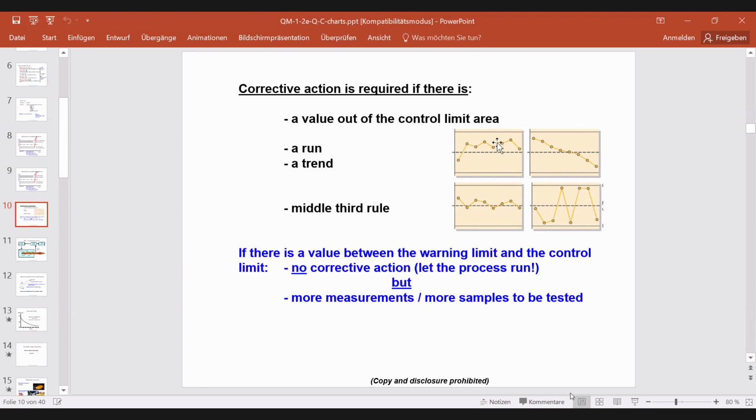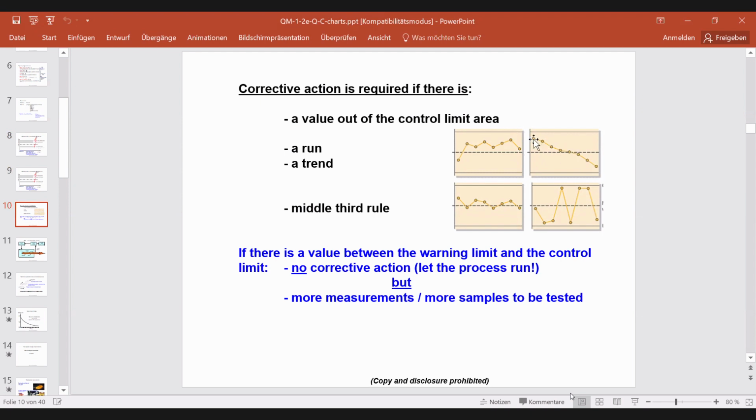Maybe you have a systematic influence in the process. This means a run is if 7 or more values are above the target or below the target.